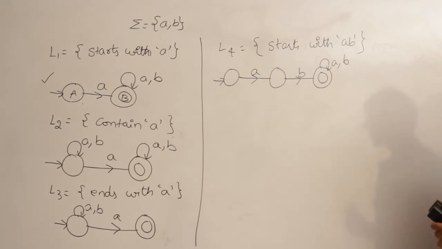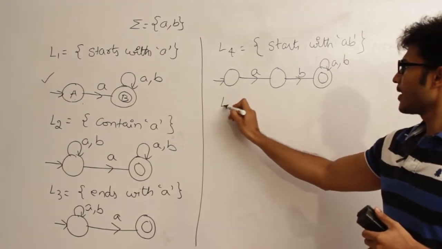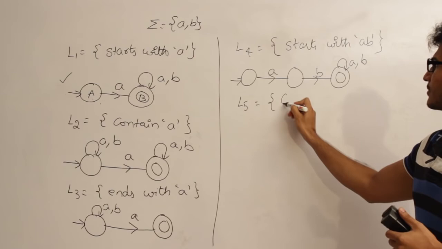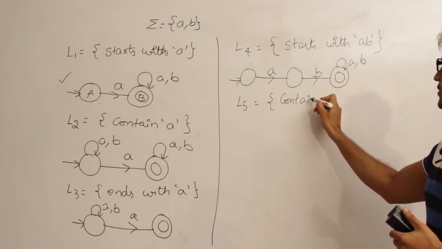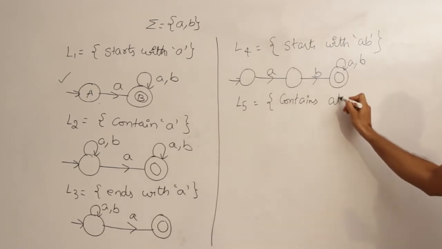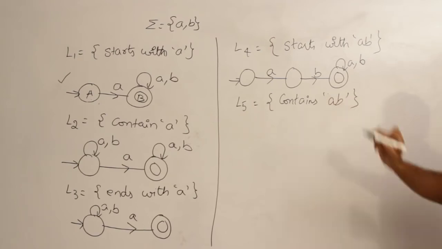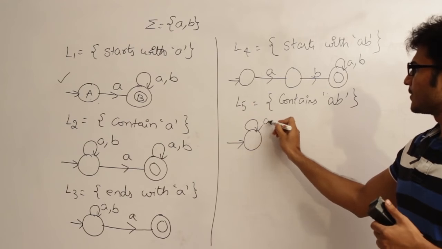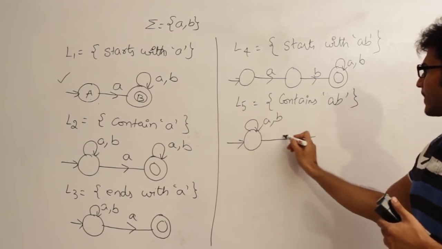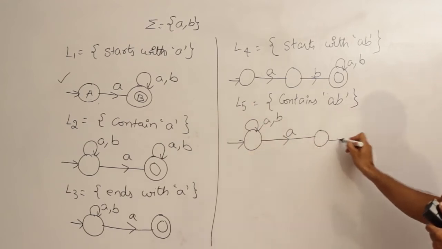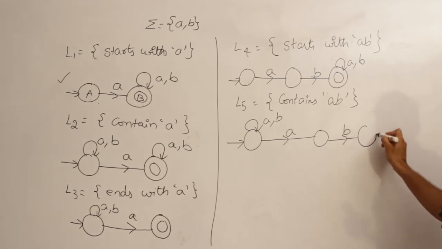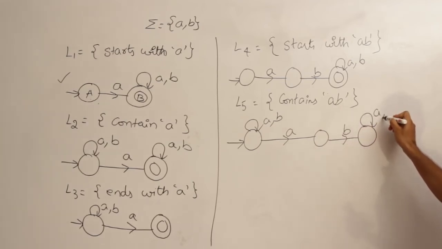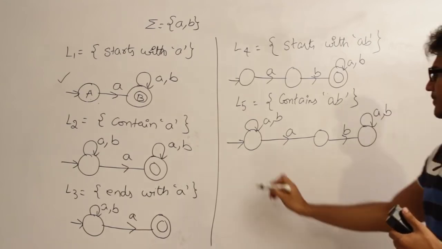Once they start with AB, I am going to accept everything. And the same for L5, contains AB. All the strings should contain AB as a substring. In this case, I don't care what happens in the beginning, A comma B. It should contain A followed by a B, and once it happens I am going to accept everything.